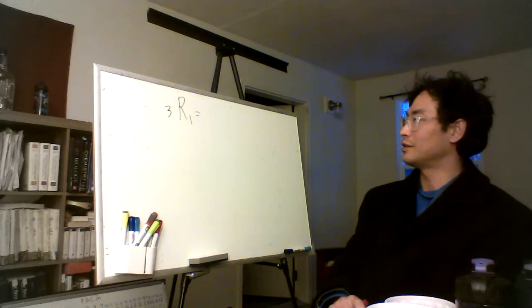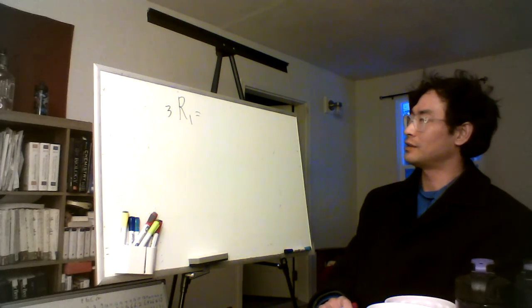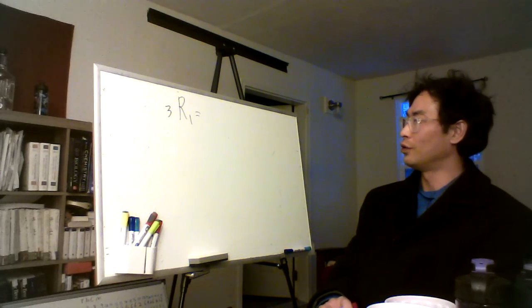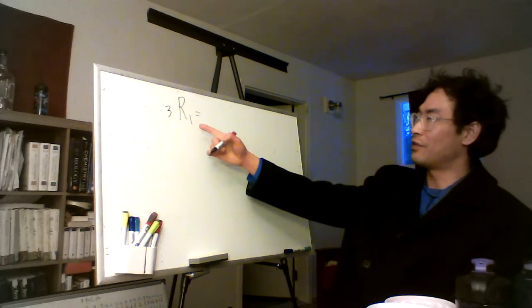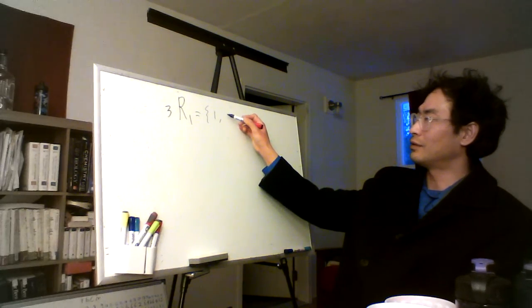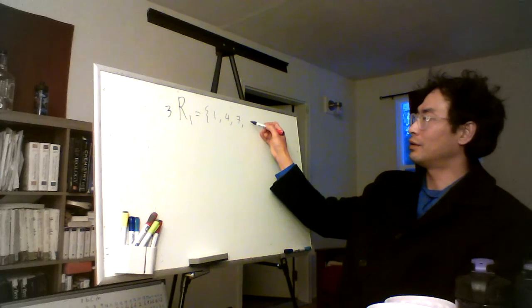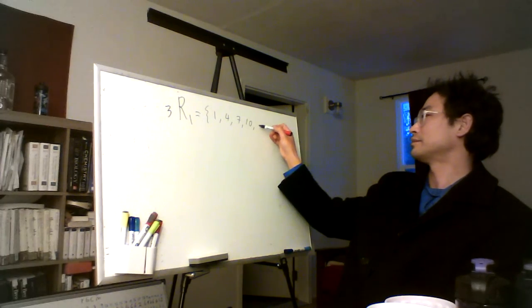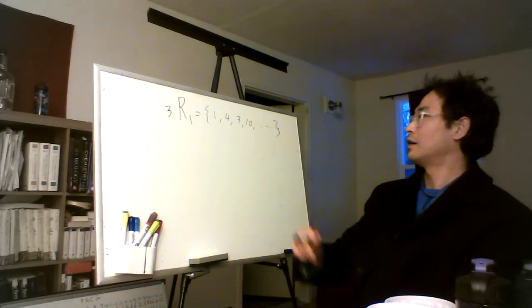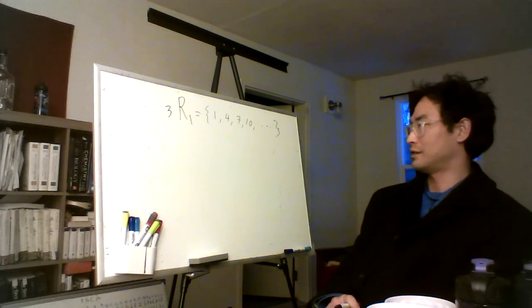We deal with all the non-negative numbers. This is the set of all the non-negative numbers that, when you divide by 3, have remainder 1. So how do we express this in algebraic language?